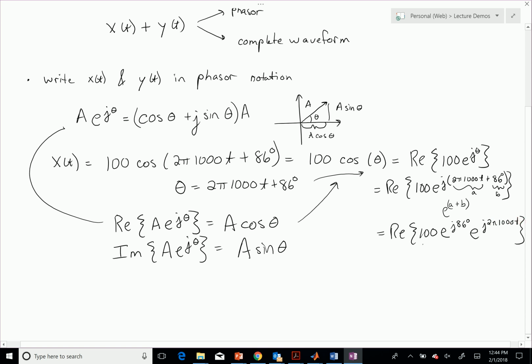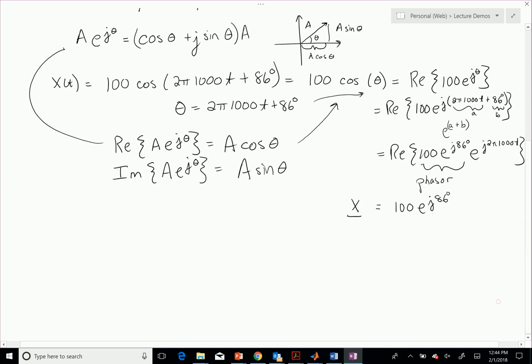This thing right here is what we call the phasor. Knowing the phasor and knowing the frequency, we can always go back to whatever the original waveform was. So let's do that. Here I'm going to say my phasor X is 100 e to the j 86 degrees. So I've got that phasor.